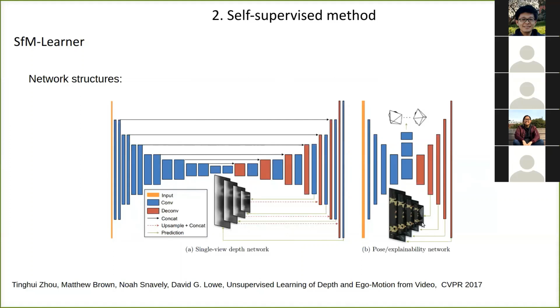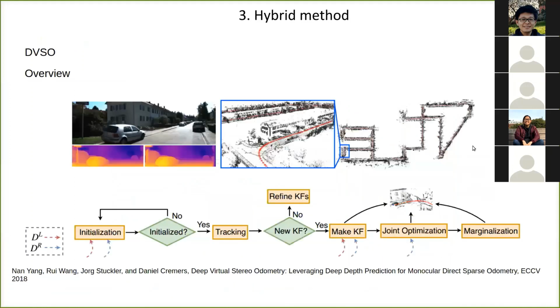Okay, because if there are some moving objects or some parts which do not fulfill the photometric consistency, it will have a bad effect on the overall estimation of the camera pose and depth.